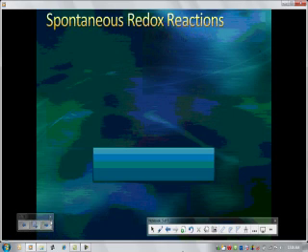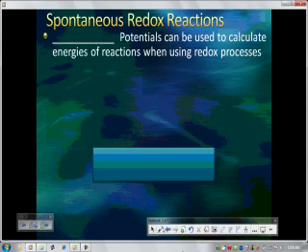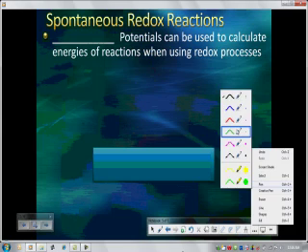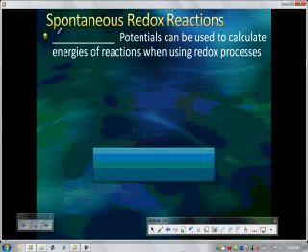Okay, spontaneous redox reactions. In our last lesson, we learned about calculating cell potentials. Shannon helped me and did a marvelous job so that we could all understand how to use your reduction table so that we could get the cell potential for any pair of reactions, cathode minus anode.